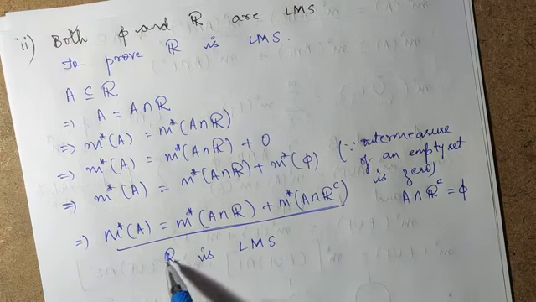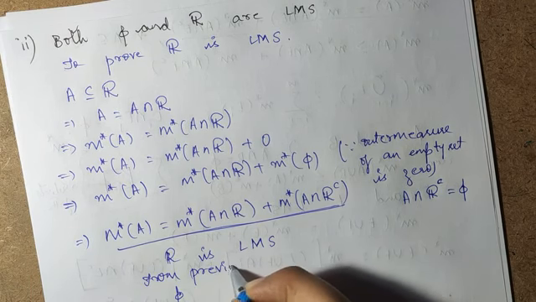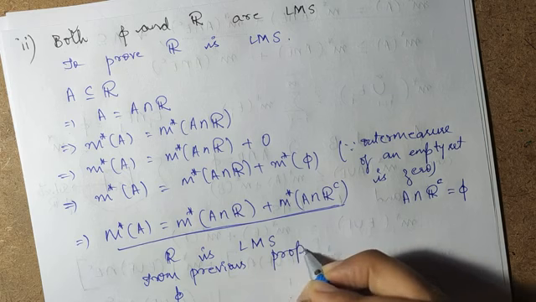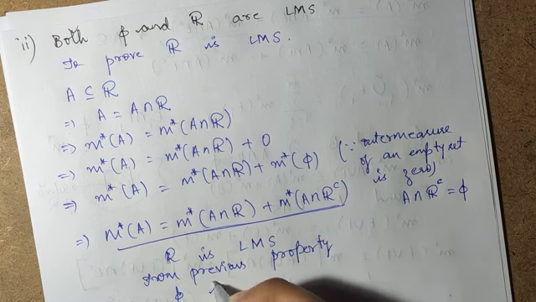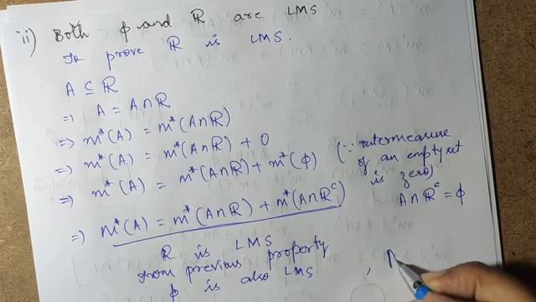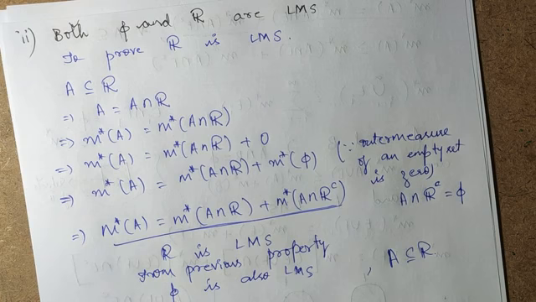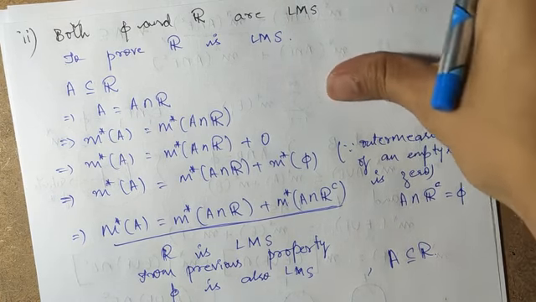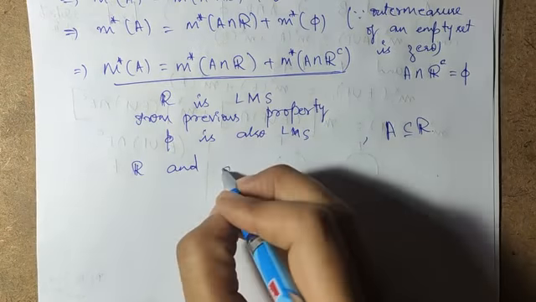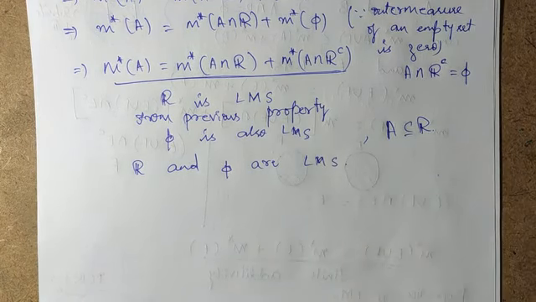So for R, the complement of R is empty set. From the previous property, I can say the empty set is also Lebesgue measurable set. This is true for every subset A of R. So from this we can conclude that both R and the empty set are Lebesgue measurable sets.